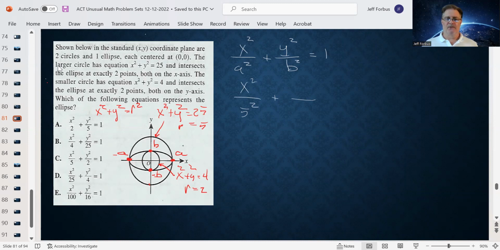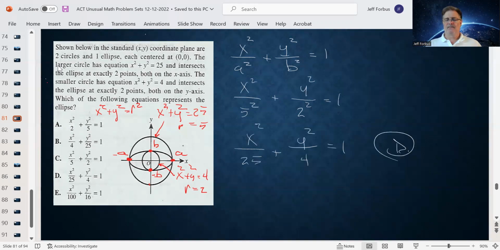So therefore, B is 2 squared. Let's rewrite the equation, get it cleaned up. X squared over 5 squared is 25. And then y squared over 2 squared is 4. Okay, now we've cleaned up the equation. That's going to give us answer choice D, as in dog. All right, let's move on.